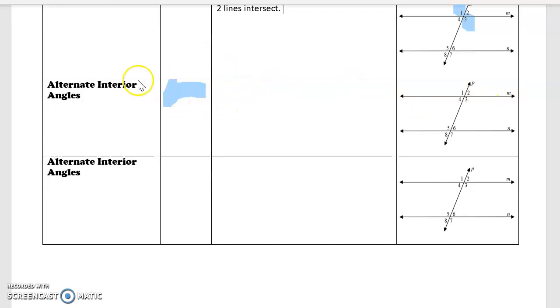So alternate interior angles, to me, it's telling you what it is. Alternate means to be on different sides. Interior means to be within. And of course, we've got angles. So, let me get it so I can write.